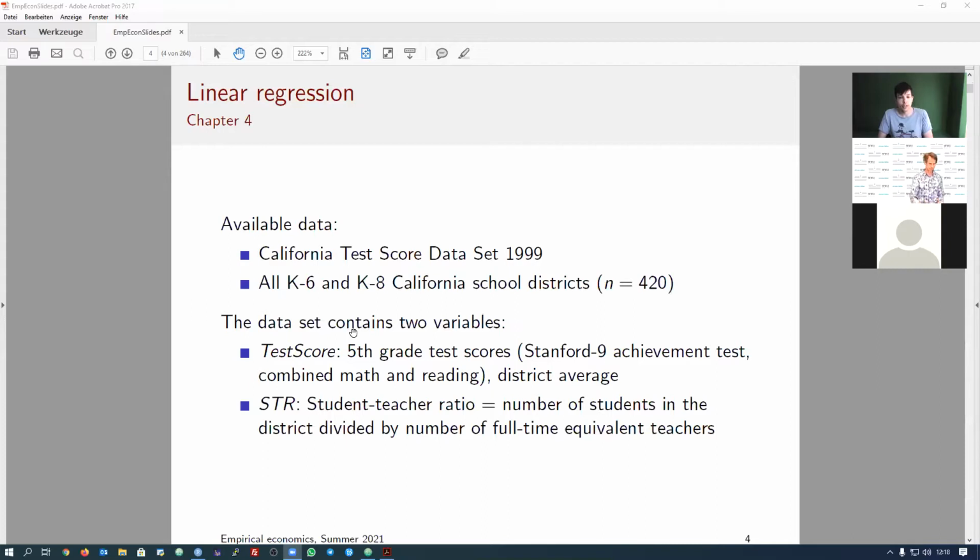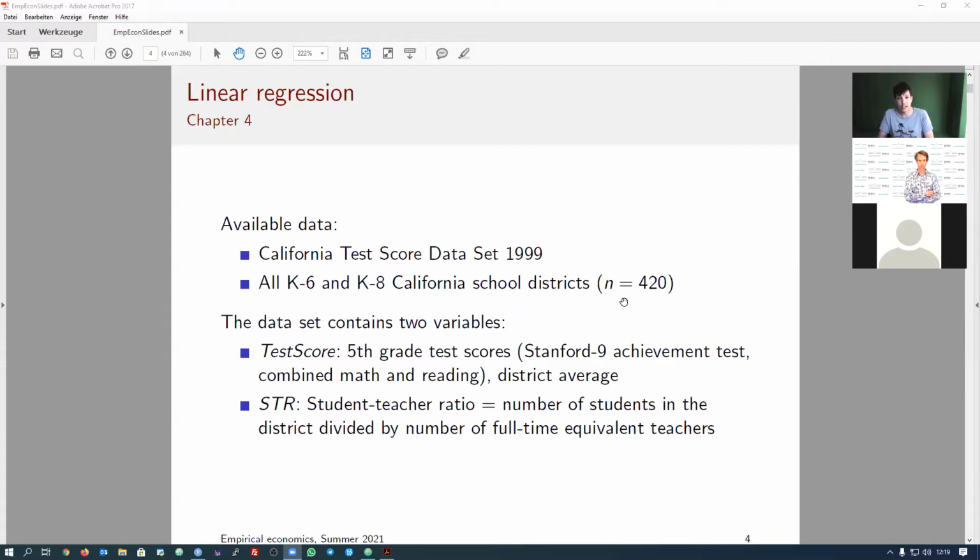And that's what we do in the California school data set. The data set is taken from 1999, so it's already a bit older, but I think many things might be similar to the way they were back then, or at least back then these results held. We have all the K-6 and K-8 California school districts, 420 school districts.